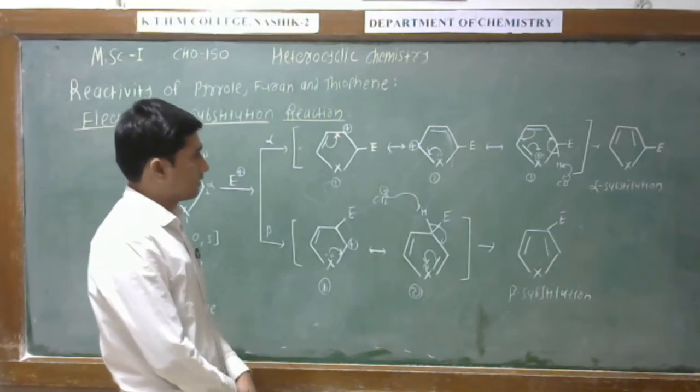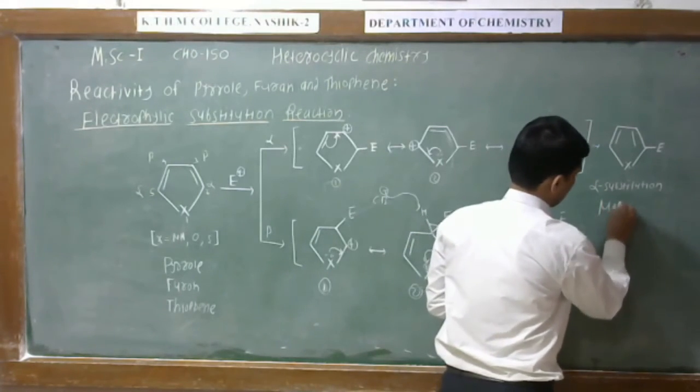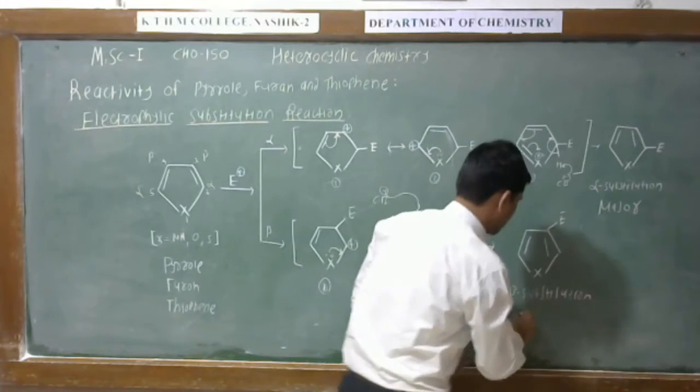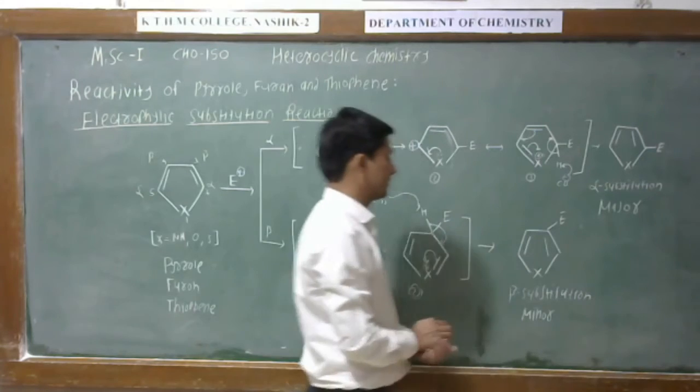So hence we can say alpha substitution is the major product compared to beta substitution. Beta substitution is the minor one.